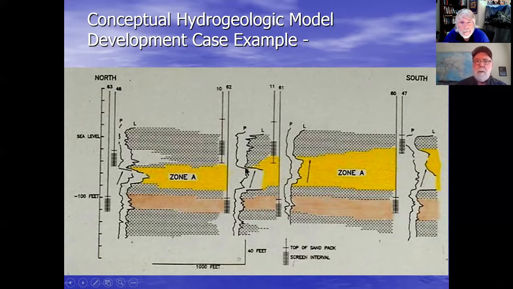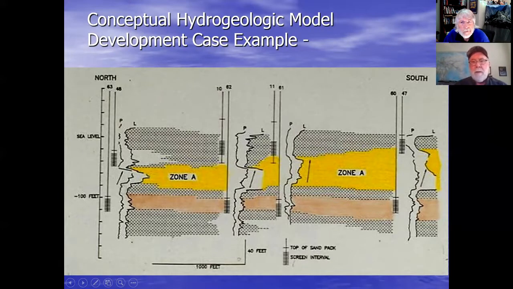The bottle brushes represent well screens from various monitoring wells, and there was concern about whether there was any contamination in this unit, zone A, and also if it had been used as a water supply, even for municipal facilities.